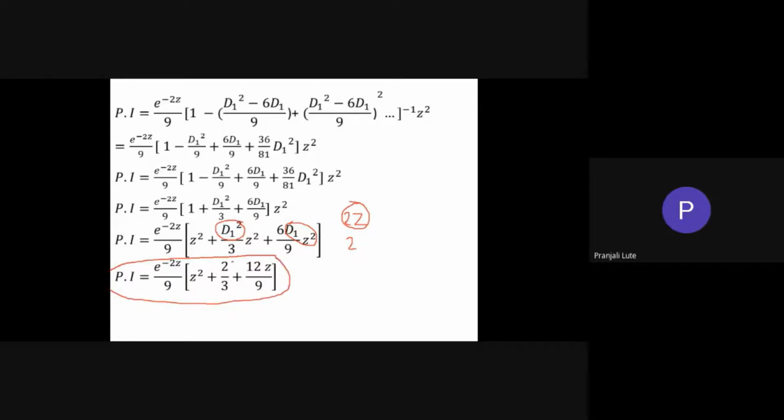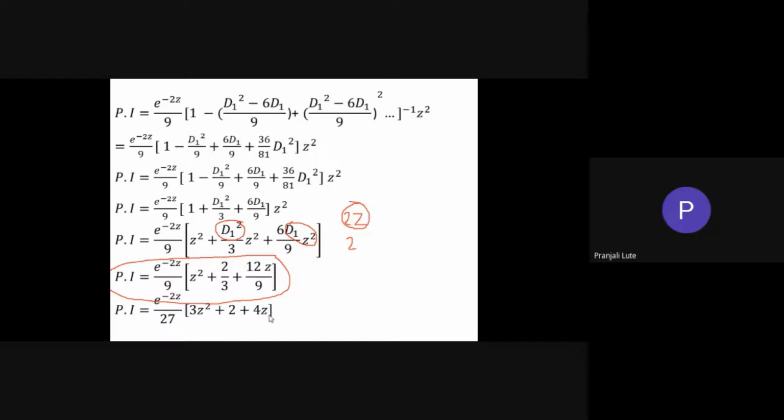Then here we take LCM of this denominator. Here LCM is 3. So here 9 into 3 is 27. So here 3z square plus 2 plus 4z. This is the particular integral of this differential equation. And what is the complete solution of the differential equation?